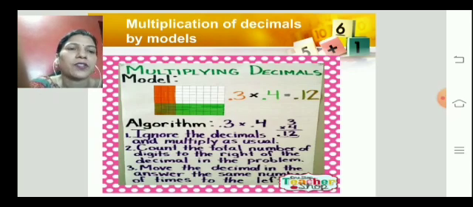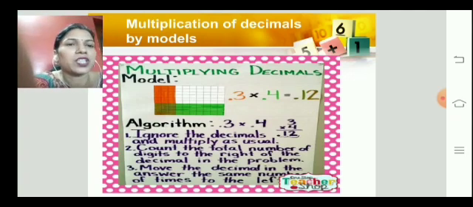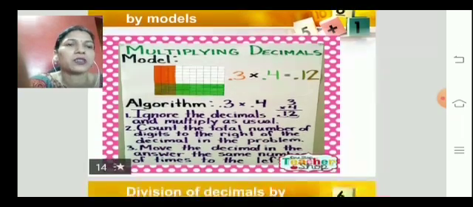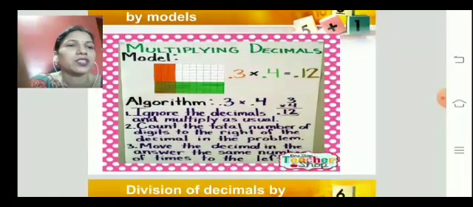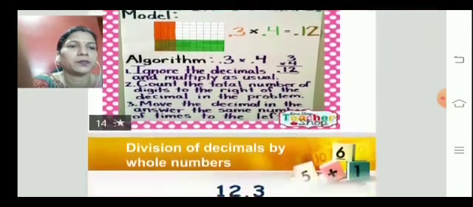So first, after ignoring, the answer is 12. Now we will count the number of decimal digits in both the numbers, like in 0.3 there is 1 decimal place and in 0.4 1 decimal place. So 1 plus 1 gives you 2. There are 2 decimal places. So in the answer we will put the decimal after 2 digits.